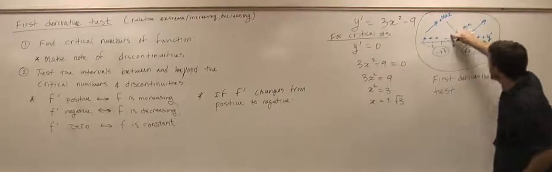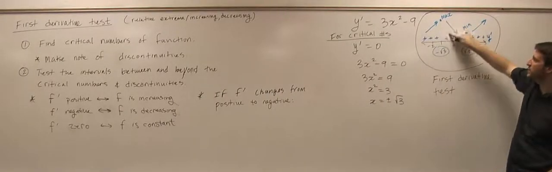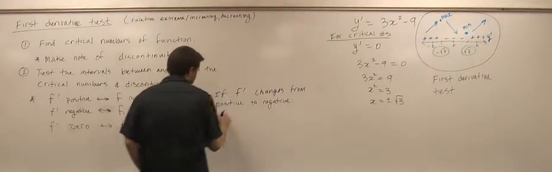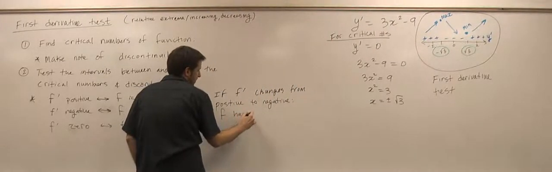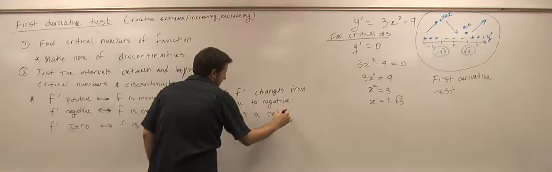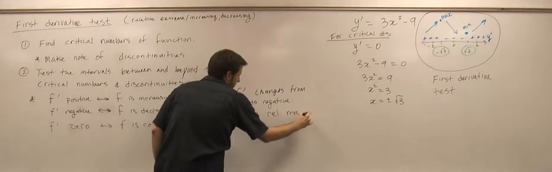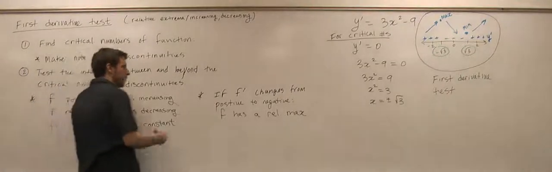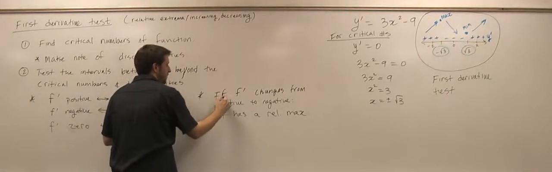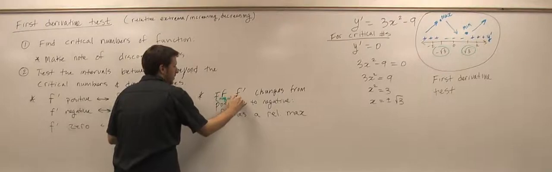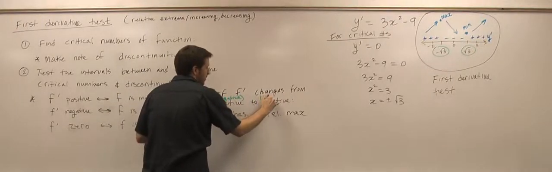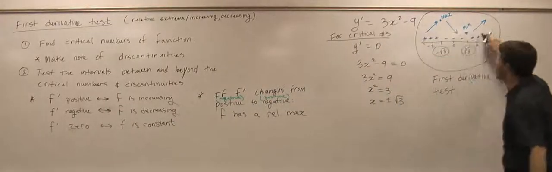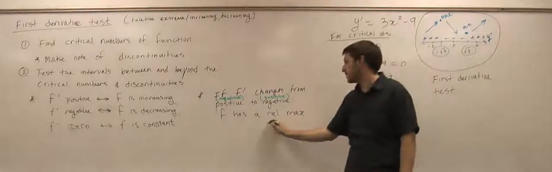From positive to negative, so as you go to the right, from positive to negative, this is a relative max. F has relative max. If it's the other way around as you go to the right, if you change from negative to positive, so like this situation, from negative to positive, then you must have had a relative min.